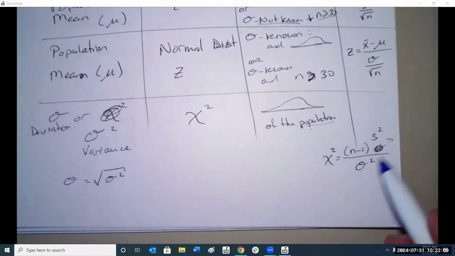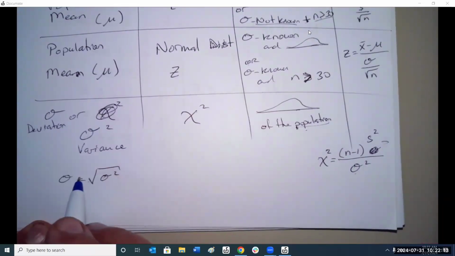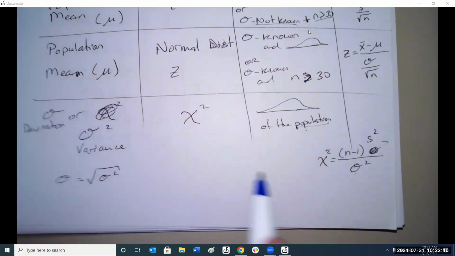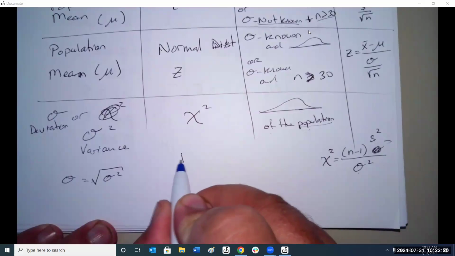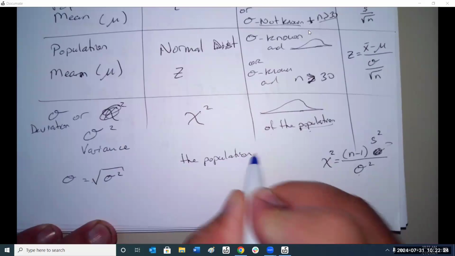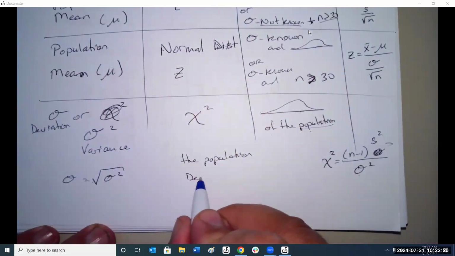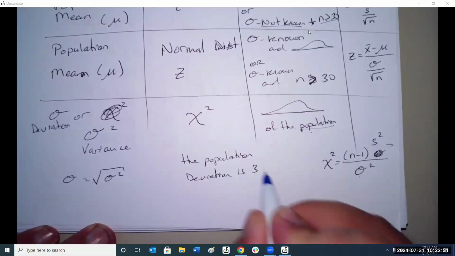Now, what's important here is the reason this is stated in the first column: you can be given in a question that the population deviation is 3.